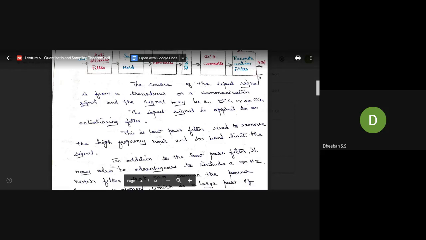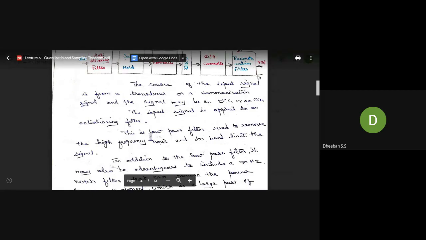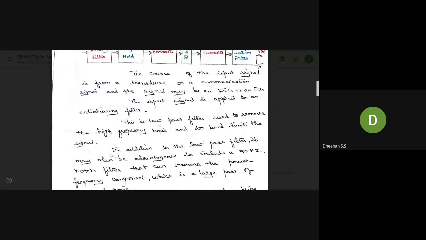In such cases, you have to remove the high frequency noises, and to do that you have to apply some kind of filter. What this low pass filter does is it only allows signals of lower frequency. It removes the higher frequencies.